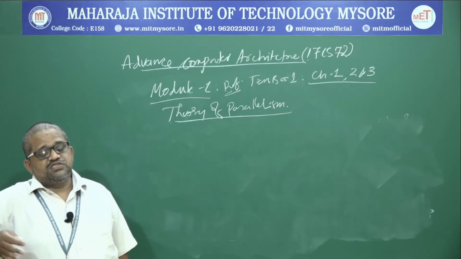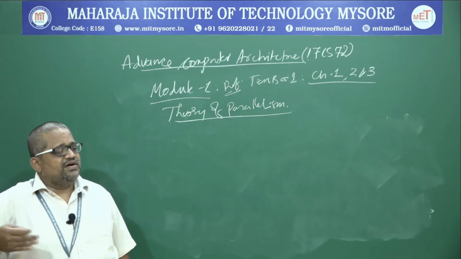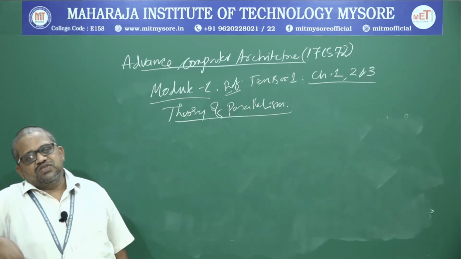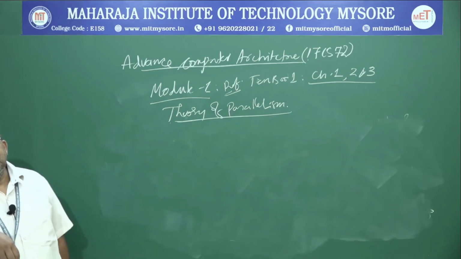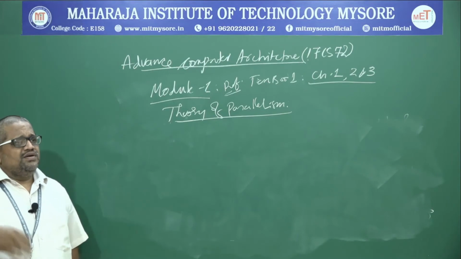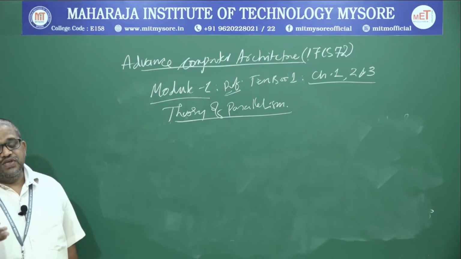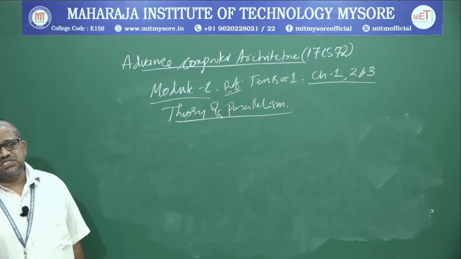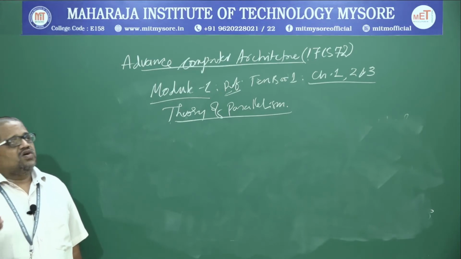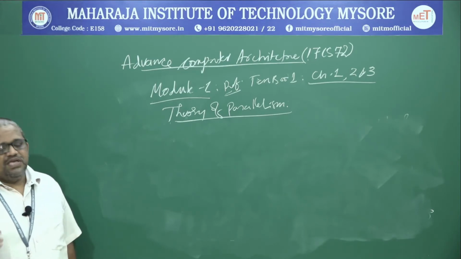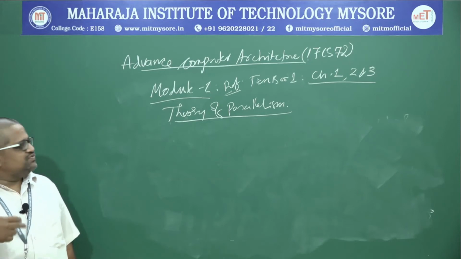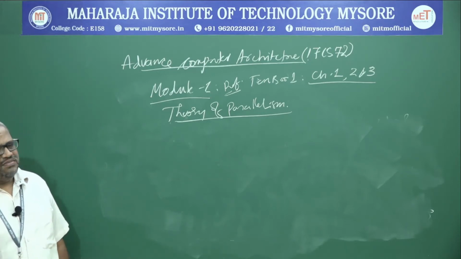But because of the limitations of sequential execution, they thought of executing it in parallel. So, that is where the concept of parallelism came into the picture. If there are no dependencies, and if there are redundant resources available, obviously the concept of parallelism can be exploited. So, that is where the theory of parallelism started to emerge.